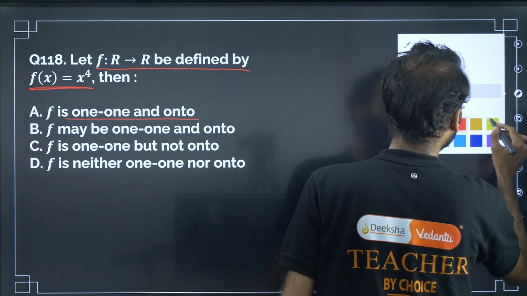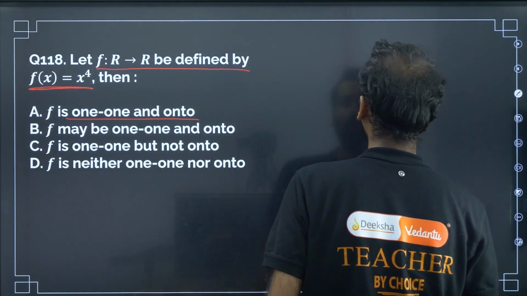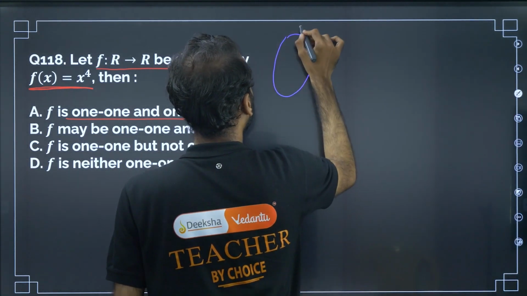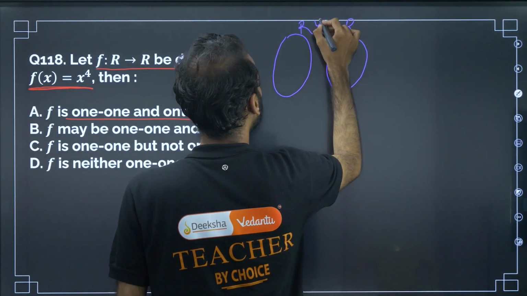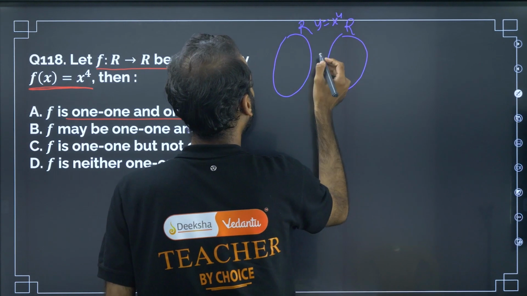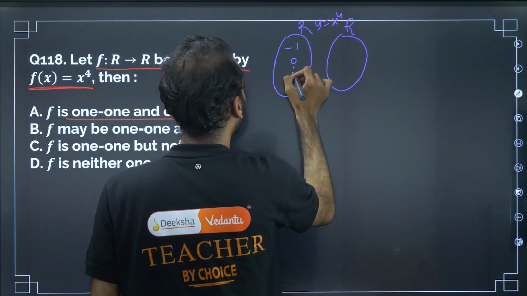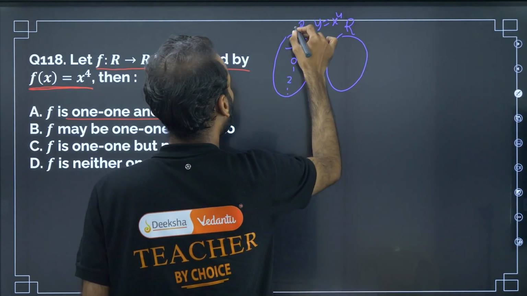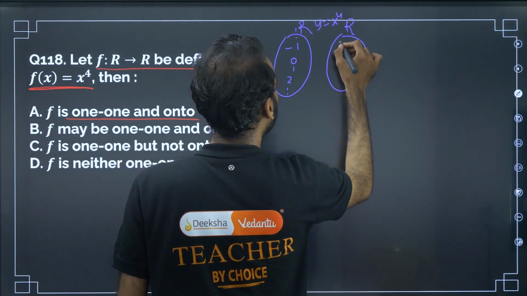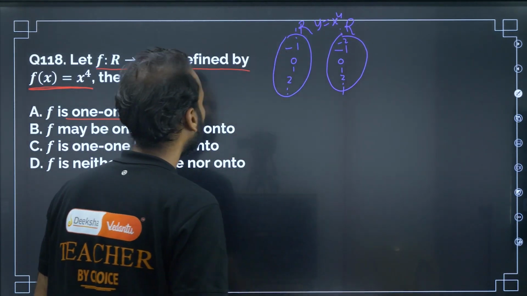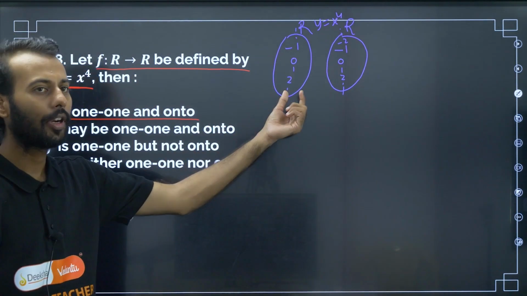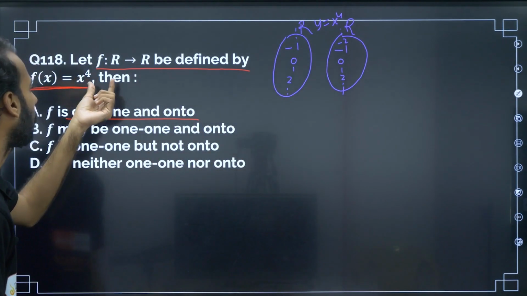So let me write the given things. R, and this is one more R, and the function is y is equal to x^4. R means minus 1, 0, 1, 2, and so on. Here also minus 1, minus 2, and so on, 0, 1, 2, and so on. Now, with a mapping diagram it is easier for me to explain.